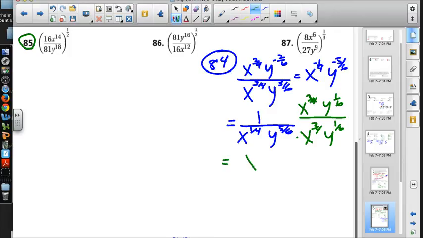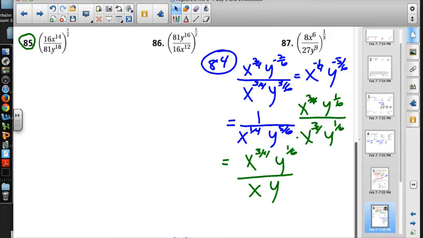So that will give me x to the 3/4, y to the 1/6, over x, y. And that, of course, tells me that I've rationalized the denominator and everything is good to go. And this one, just looking at the answer from the book, finally they got somebody that said, hey, we brought this to you in fraction powers, so it should give you an answer in fraction powers.